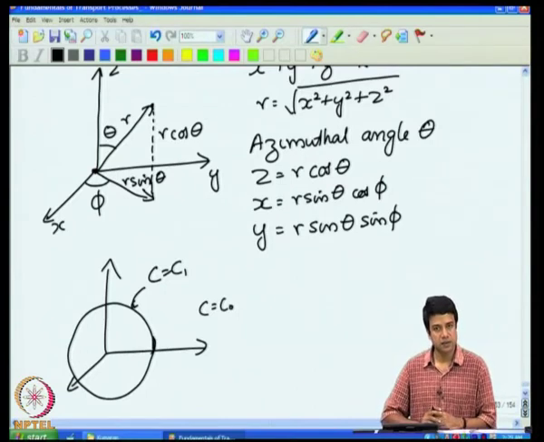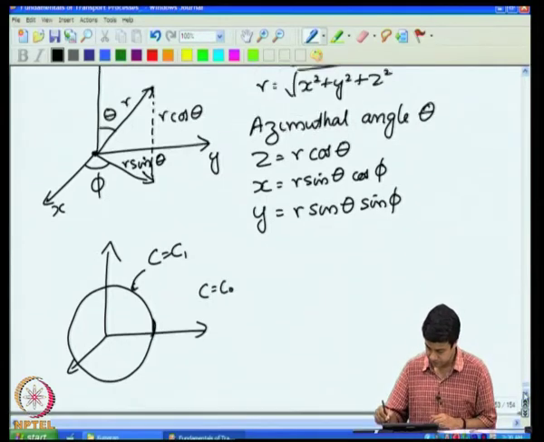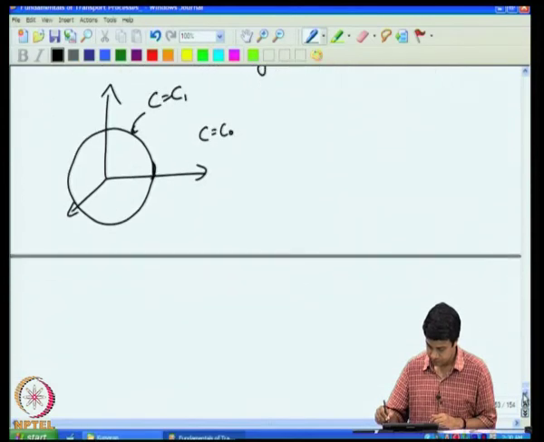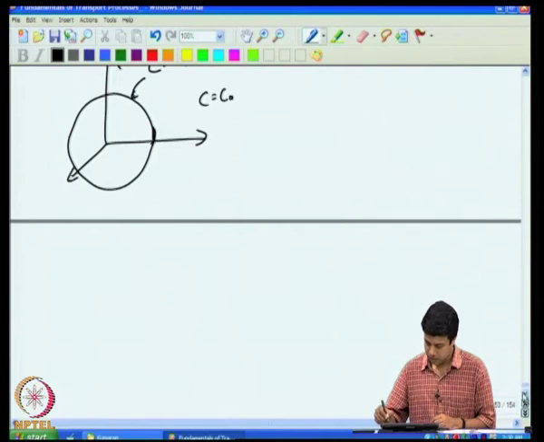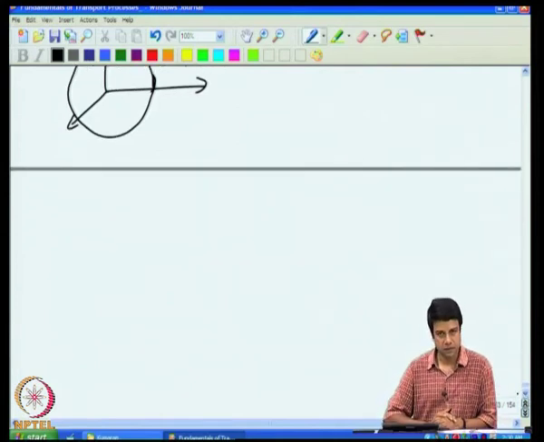So, we will consider this simplest case first and write a shell balance for this particular case. The shell, I told you, has to be between two surfaces of constant coordinate.